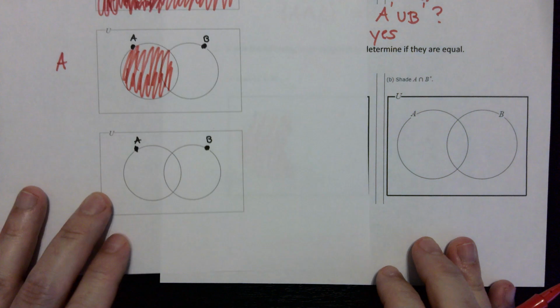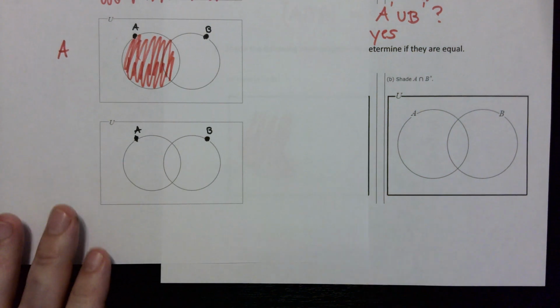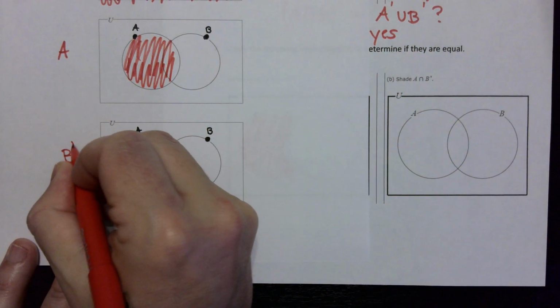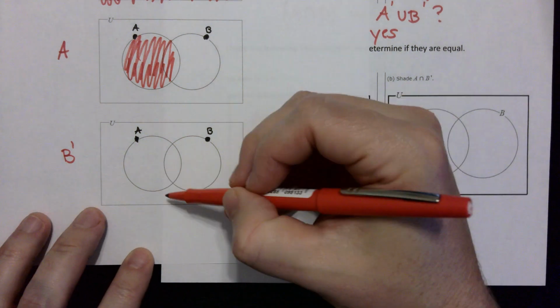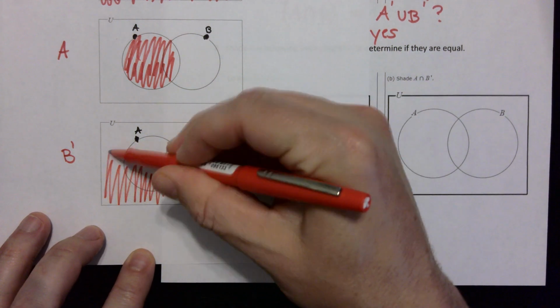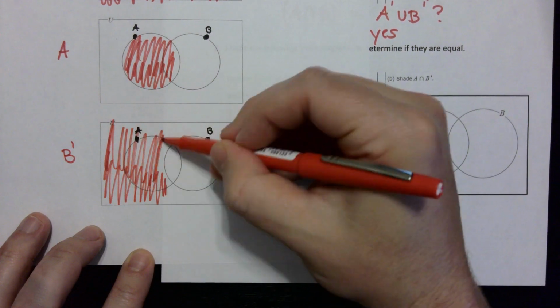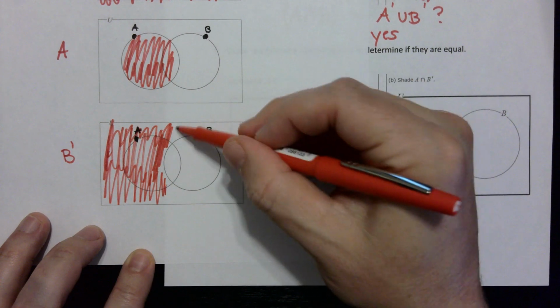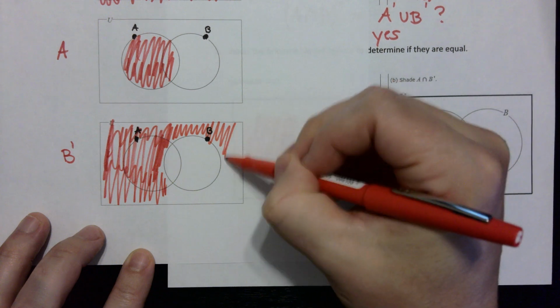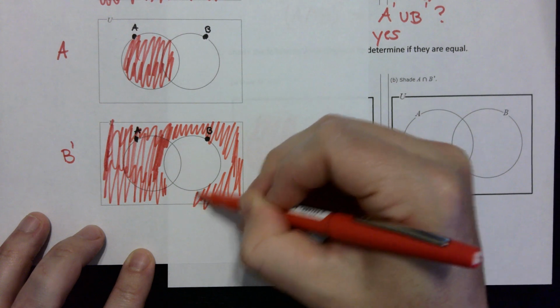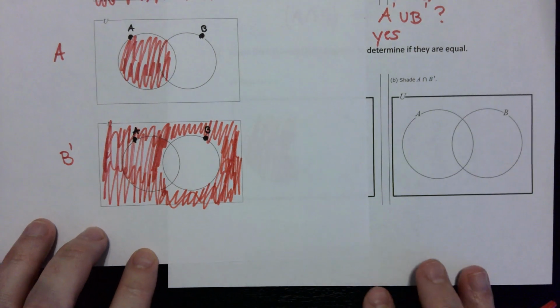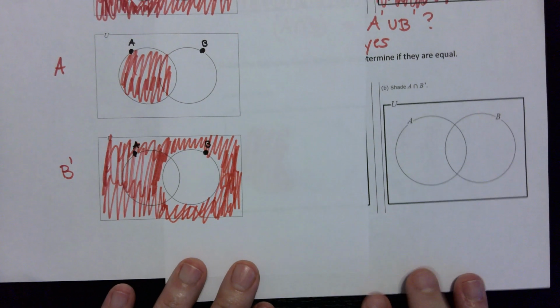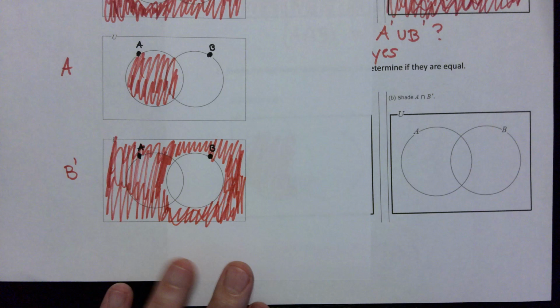Okay, and then B complement being the opposite of B, so everything that's not in B, so it'll be all this. Not going to shade B at all. The entire circle remains unshaded. Okay, so there is A and B complement, and the question was asking us to find the intersection.